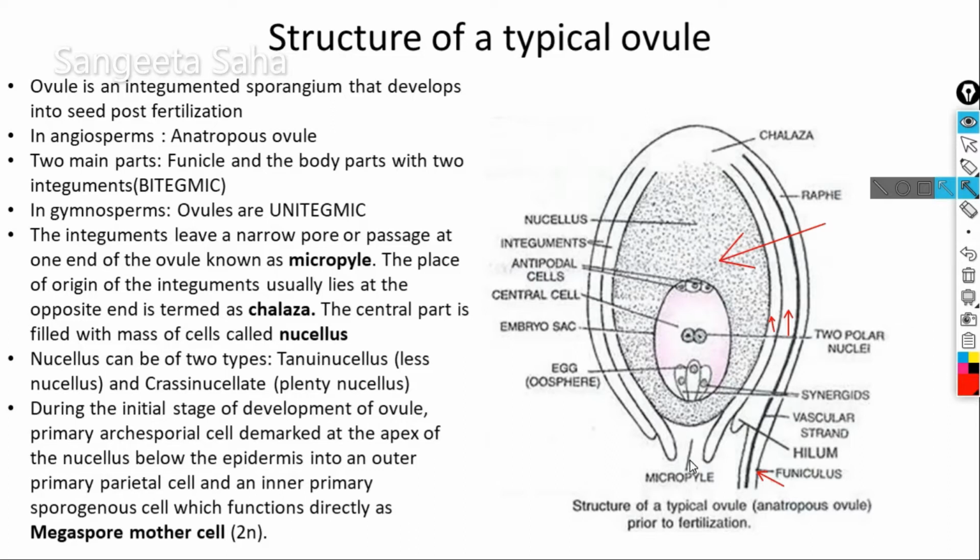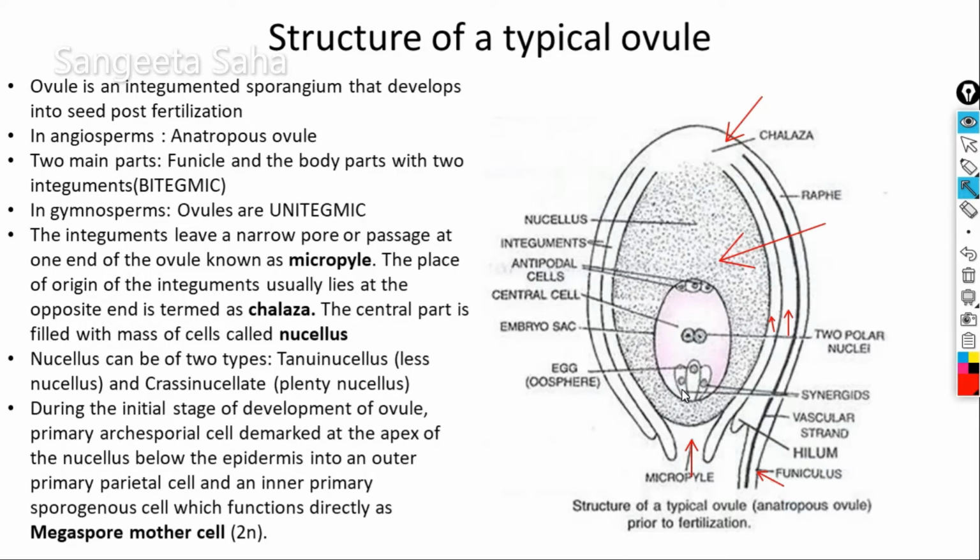Now, where the integument is discontinuous at a particular point, that is, when the integument leaves a passage here, this passage is known as the micropyle, and the site just opposite the micropyle is the chalaza. This is the chalaza region. Now, when the ovule is being developed, the nucellus has a mass of cells.